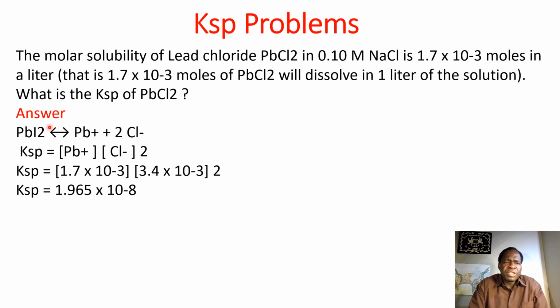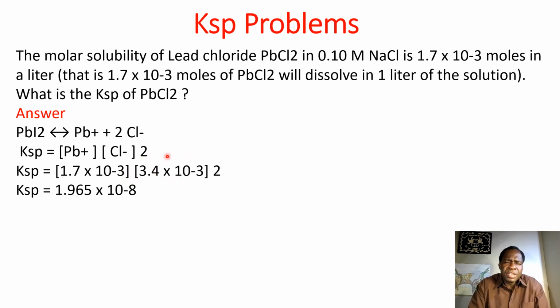Stoichiometrically speaking, when you start with n mole of lead chloride, not lead iodine, so it has to be corrected here, it will give you n mole of lead ion plus 2n mole of Cl-.